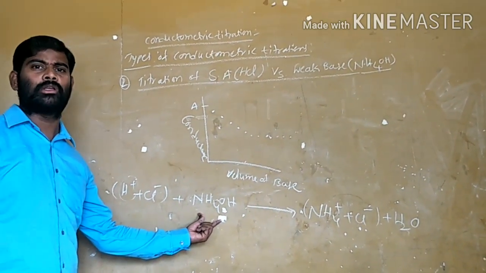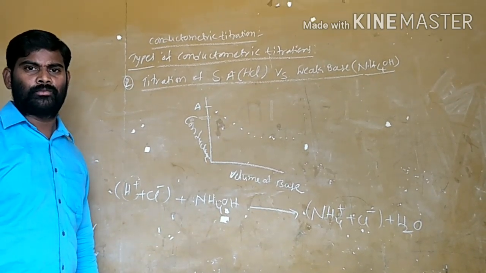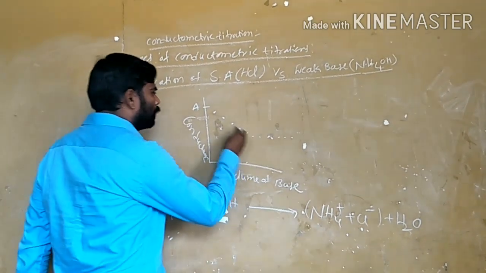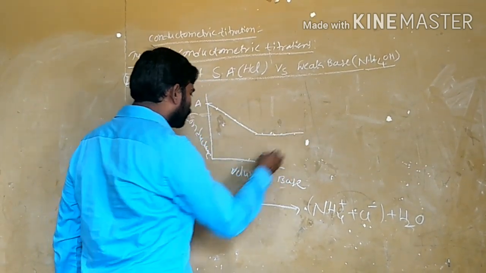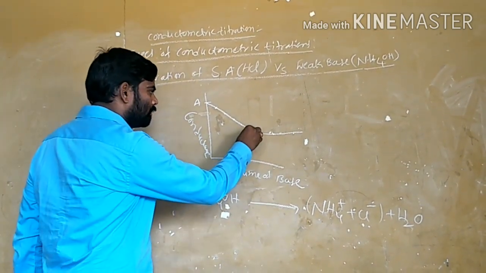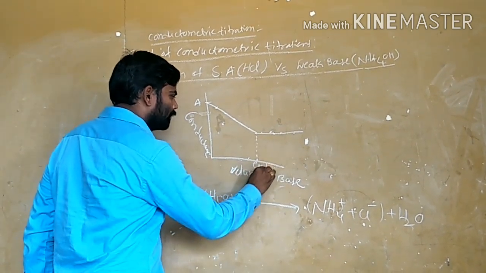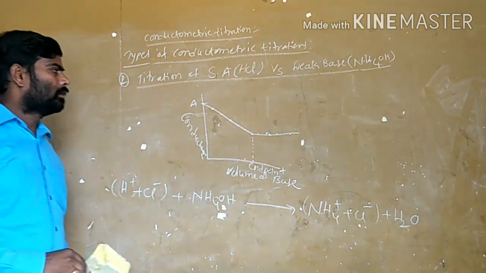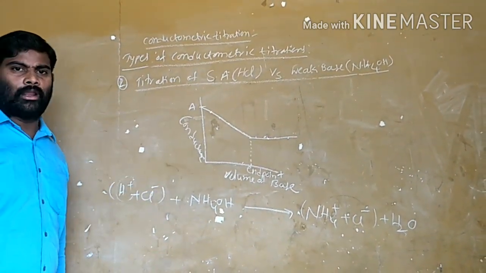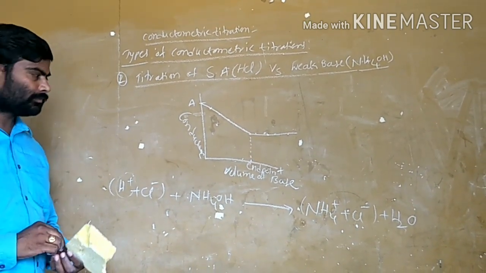Weak base. Because weak bases are what? Partially ionized. That's why there is no appreciable change in the conductance values after the neutralization of the total strong acid. This intersection point gives what? End point. This type of curve we get in the case of strong acid versus weak base.